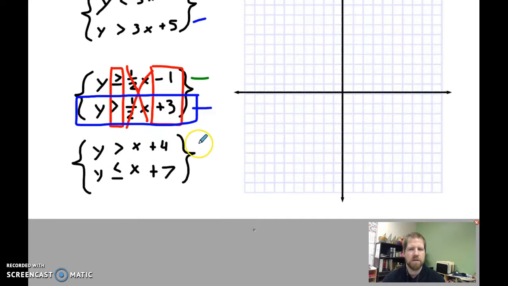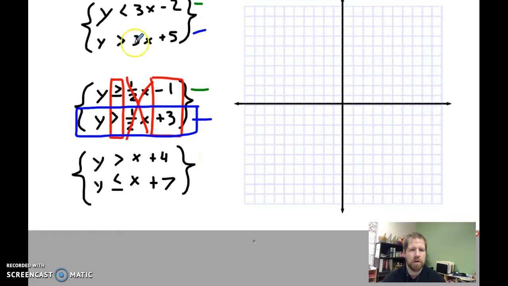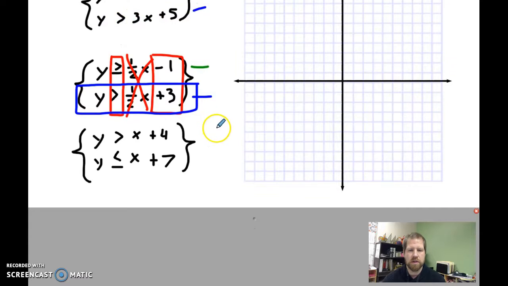Okay, and you can also think of this kind of as a compound inequality like we did on our number line, right? And it can either be an and, okay, where they overlap, or an or, right, where they wouldn't overlap at all. Okay, but in this case that would be a no solutions.